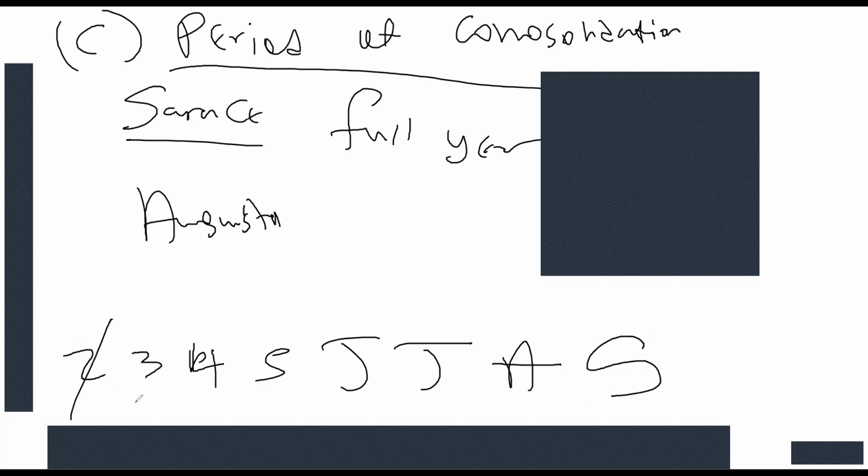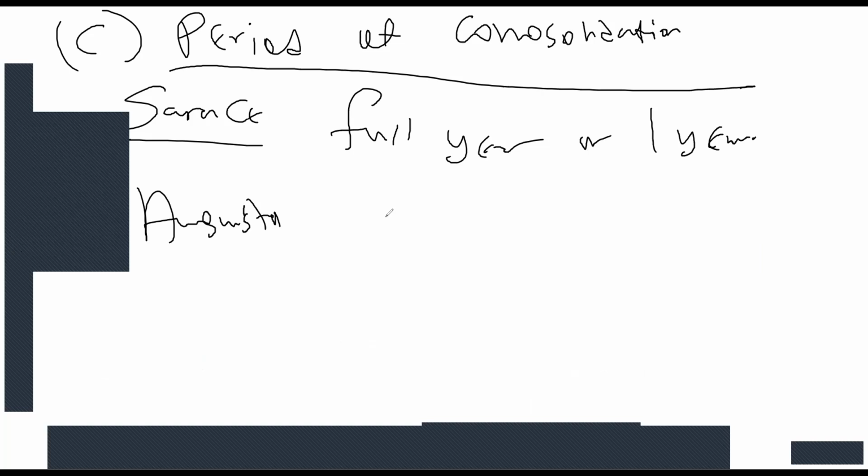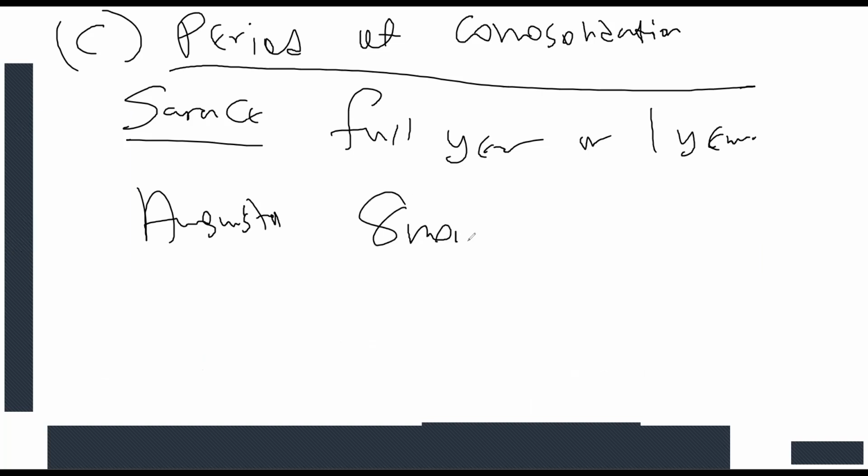So we count 1, 2, 3, 4, 5, 6, 7, 8. If you do this, it will give you a sure answer. So 8 months. 8-month associate. It's an associate, so clear.